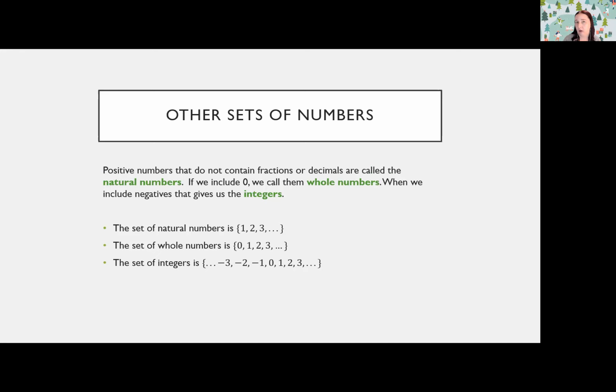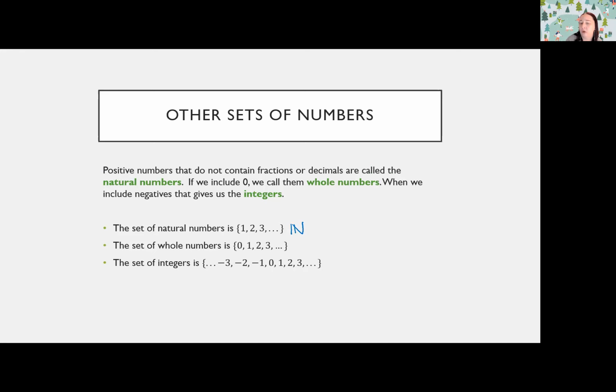There are other groupings of numbers, because remember, a set is a grouping of numbers. If we want just the positive numbers, not including fractions or decimals, and we don't want to have zero, those are the natural numbers. That basically starts at 1, and the symbol is an N with a double line.